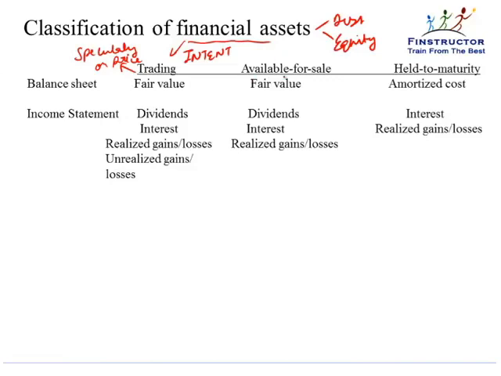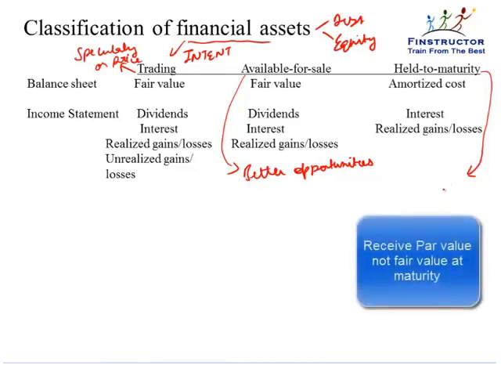However, they are classified as available for sale in the sense that if I have better opportunities or if I need the cash for some other purpose, I will not hesitate to sell these securities. So they are available for sale in case I require the funds. Held to maturity securities were explicitly bought with the intention of holding them until maturity, that is, receive all the coupons and the fair value at maturity.